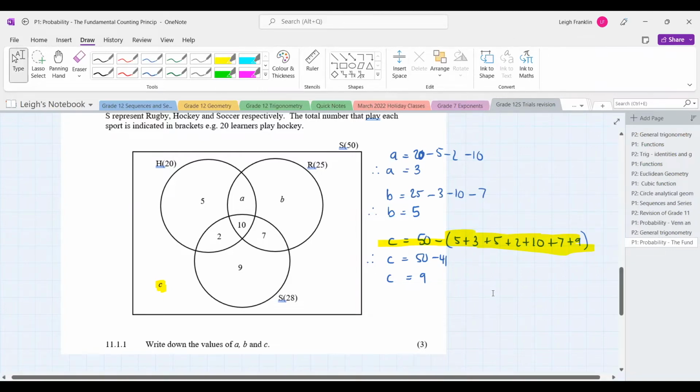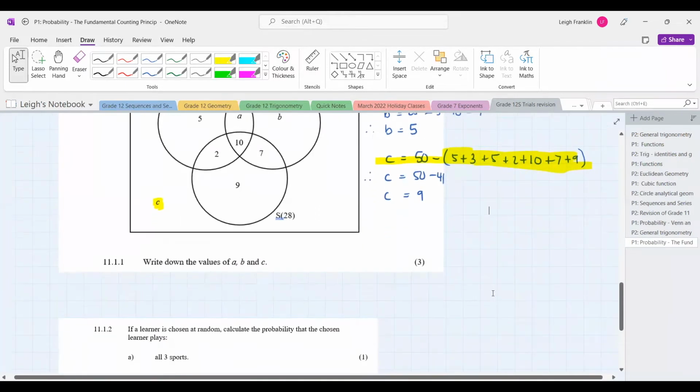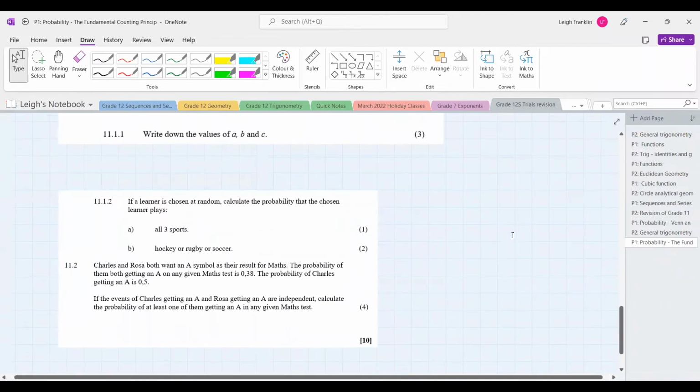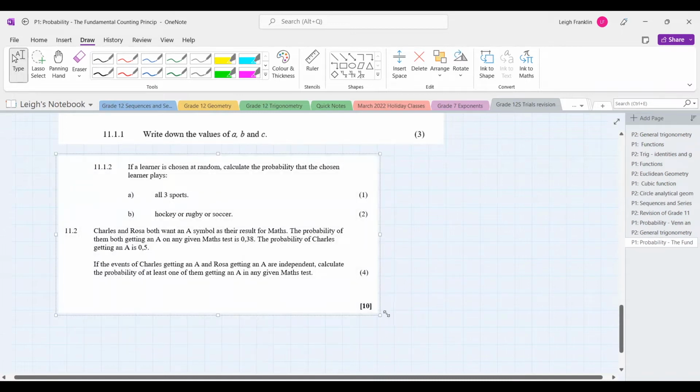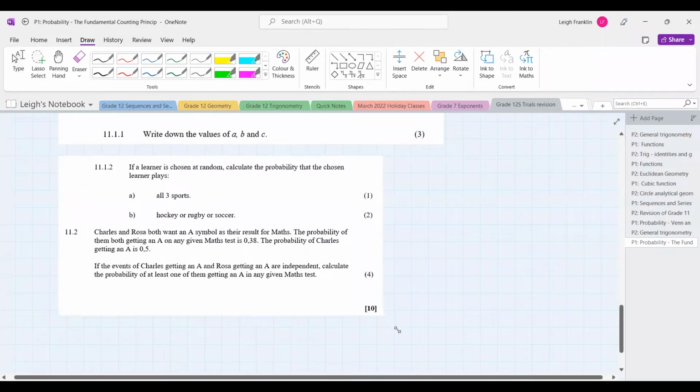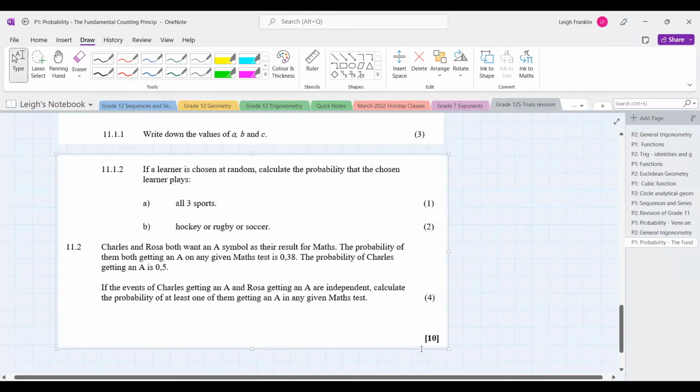Let's go and have a look at what the next question is here. All right. So if a learner is chosen at random, let's just move this up here, and then I'm just going to make it a little bit bigger for us. So now we have to choose.